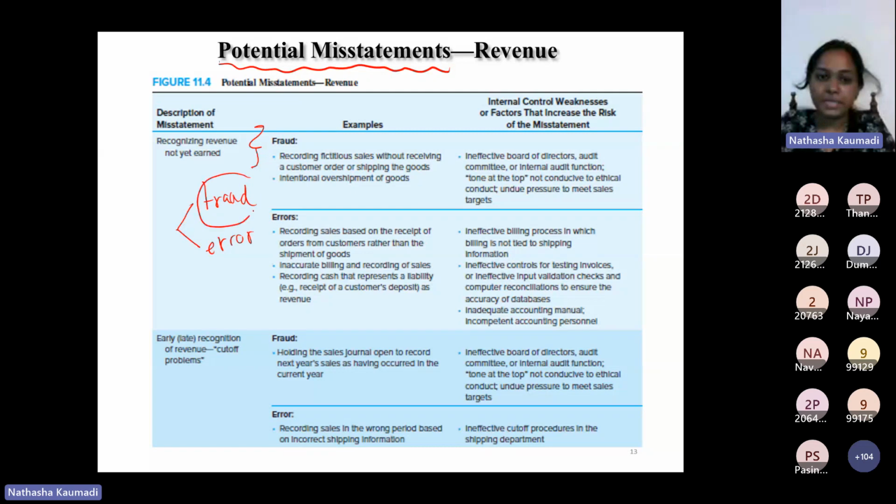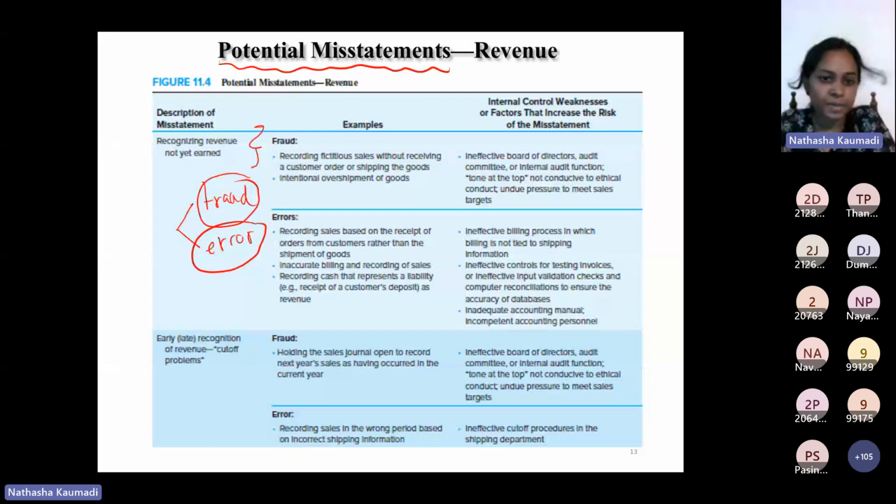Now this is the example: recognizing revenue not yet earned. If it is a fraud, what has happened?